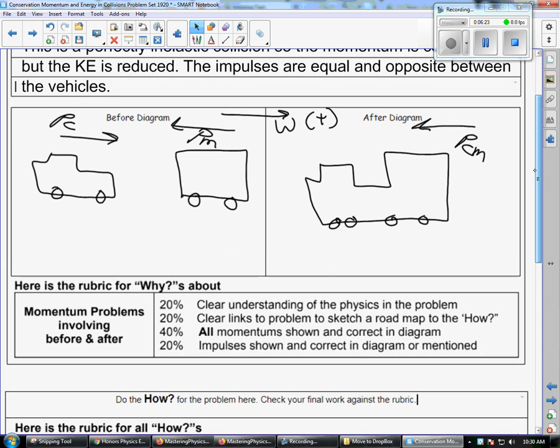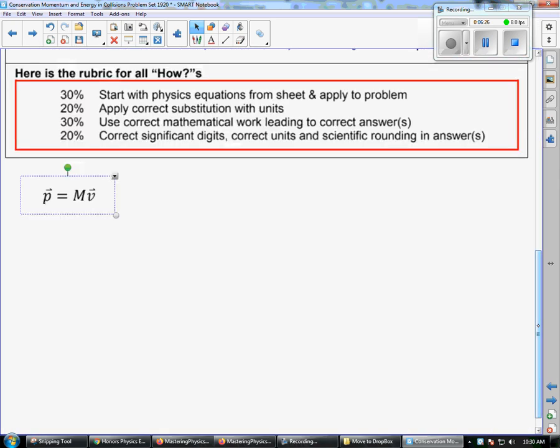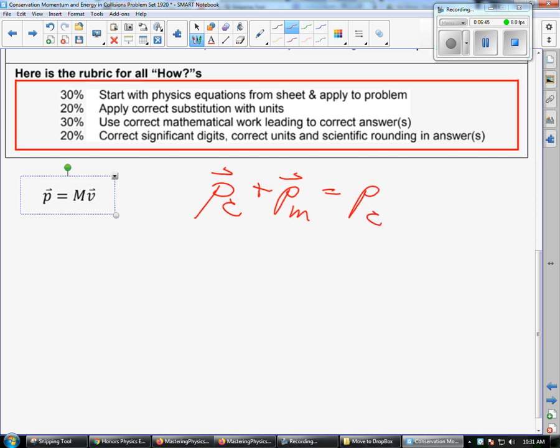And I said I'm going to take west as positive. So I have the momentum of the car as a vector plus the momentum of the minivan, that's a vector, equals the momentum of the car minivan object, which is also a vector.